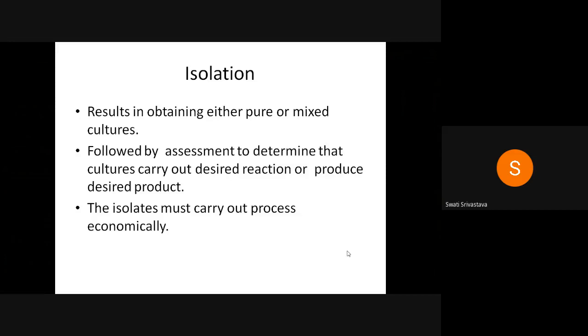So in all, when you total up all the things, the process should become a totally profitable process. Only then will it be known as an economical process, and the variety or the strain or the organism that will do this will be your best isolate to be used.